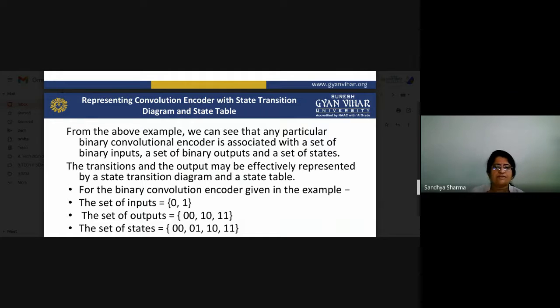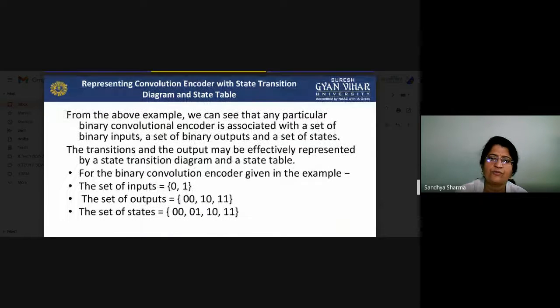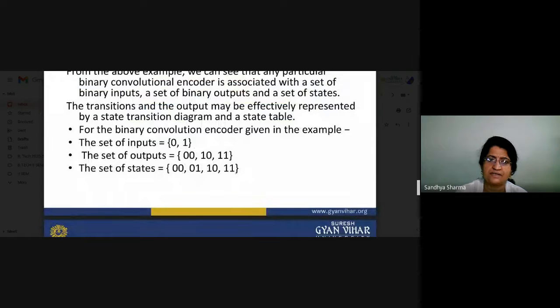So you have a particular state, the inputs you provide, the set of outputs, and the set of states. These are the three features we have to know when working on the state transition diagram. The transitions and outputs may be effectively represented by a state.